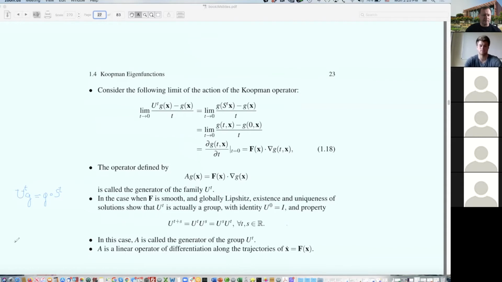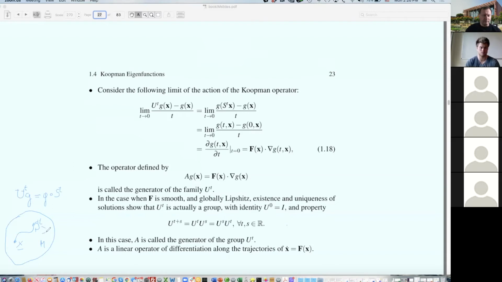Well, St is the map that takes us from some initial condition x of the flow on the state space M to the final position St x.